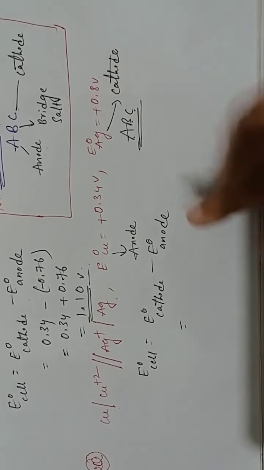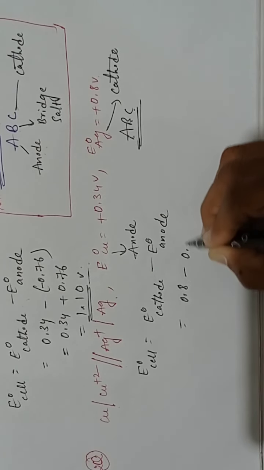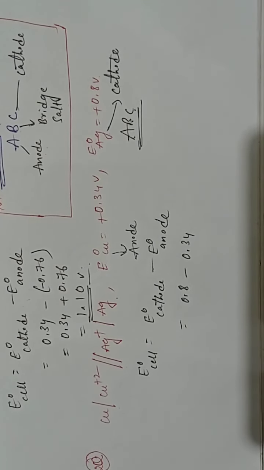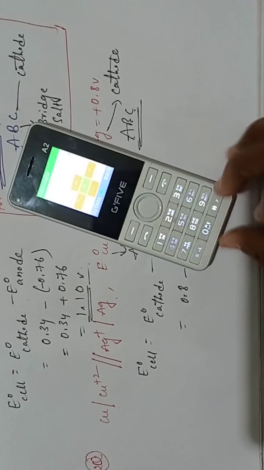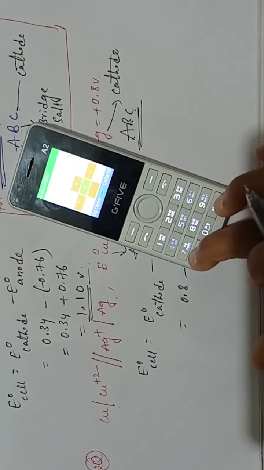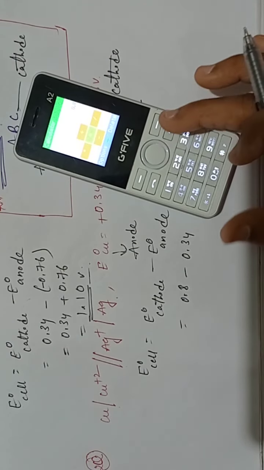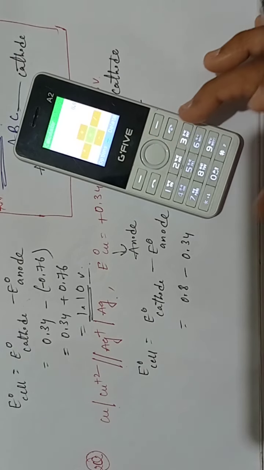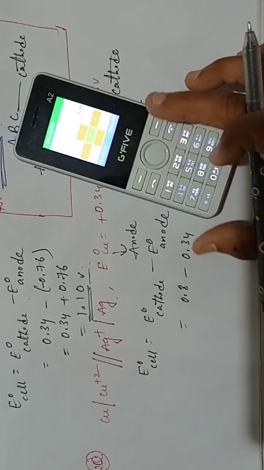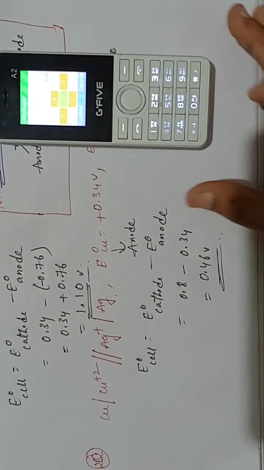What is the cathode potential given? 0.8 minus the anode potential, 0.34. So 0.8 minus 0.34. How much, students? 0.46 volts. Clear this one?